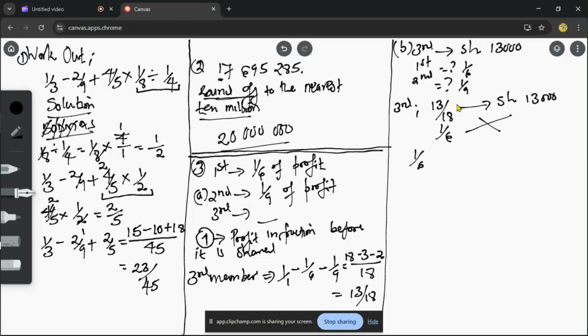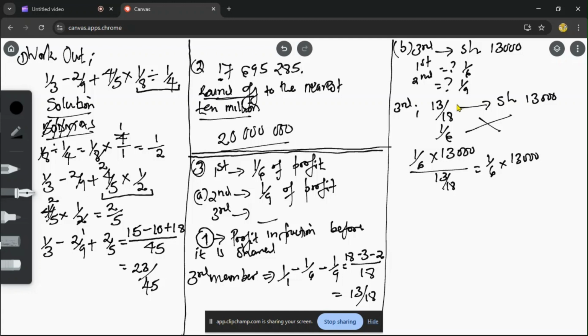1 all over 6, I multiply by 13,000. Then my answer, I divide by 13 all over 18. If I check this one, it is the same as 1 all over 6 multiplied by 13,000.